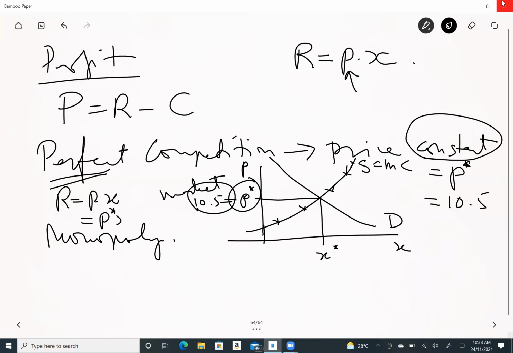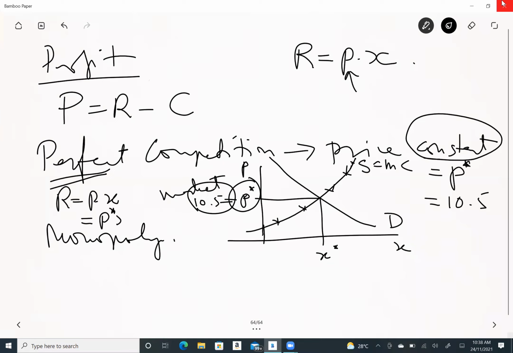Let's finish up perfect competition. Now, monopoly. In monopoly, the price is variable.